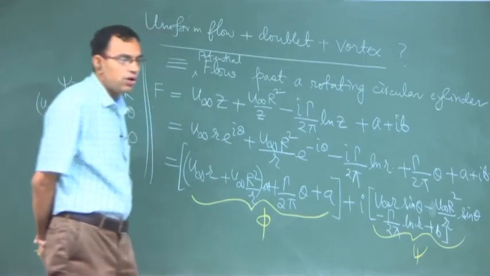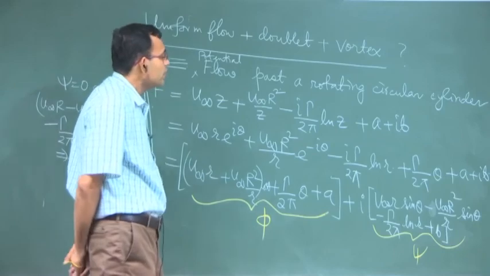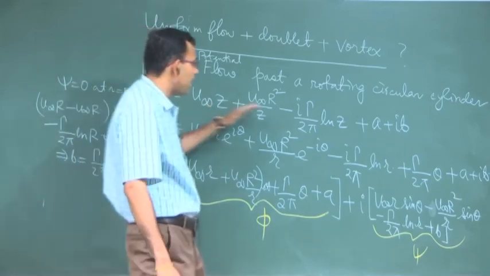So, potential flow past a rotating circular cylinder can be represented by this generic thing.